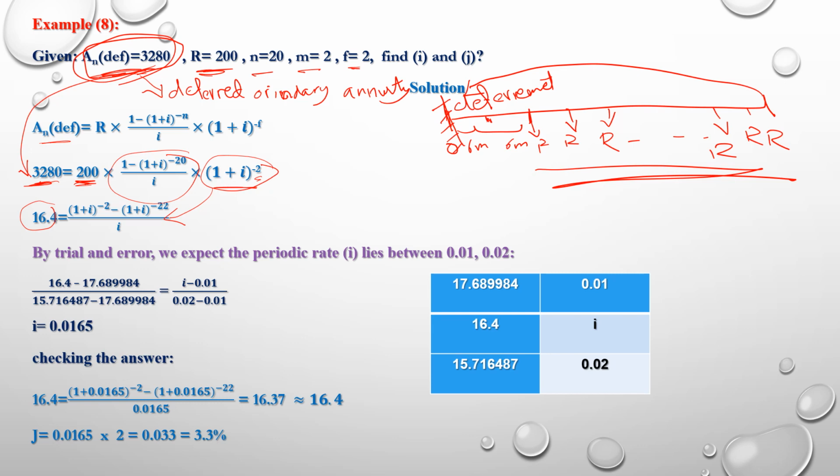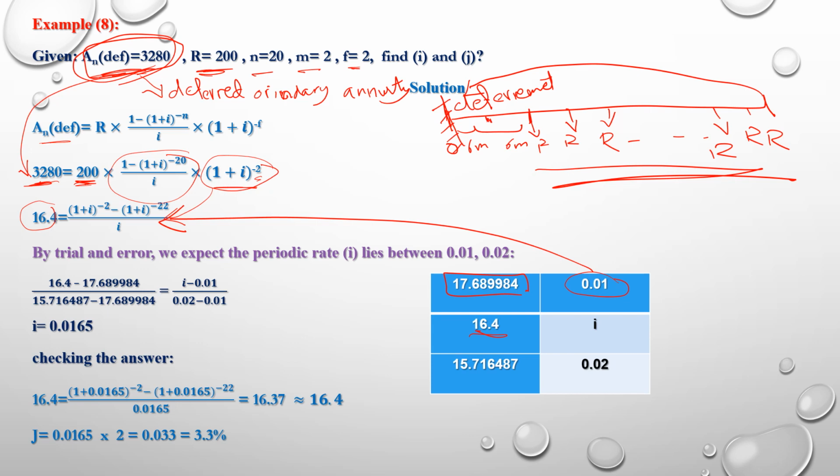By using the trial and error method to estimate the periodic rate i, we can say that it may lie between 1% and 2%. So if we assume that the periodic rate i equals 1%, by substituting 1% in this formula, we get this value, and this value is greater than 16.4.